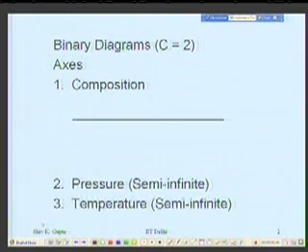There are 2 components, composition normally shown by a finite axis with 100% one component here and 100% of the second component there.